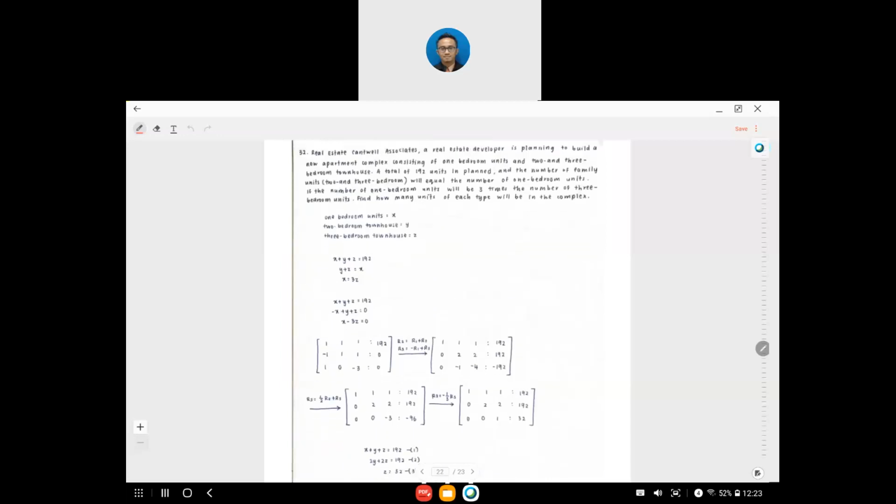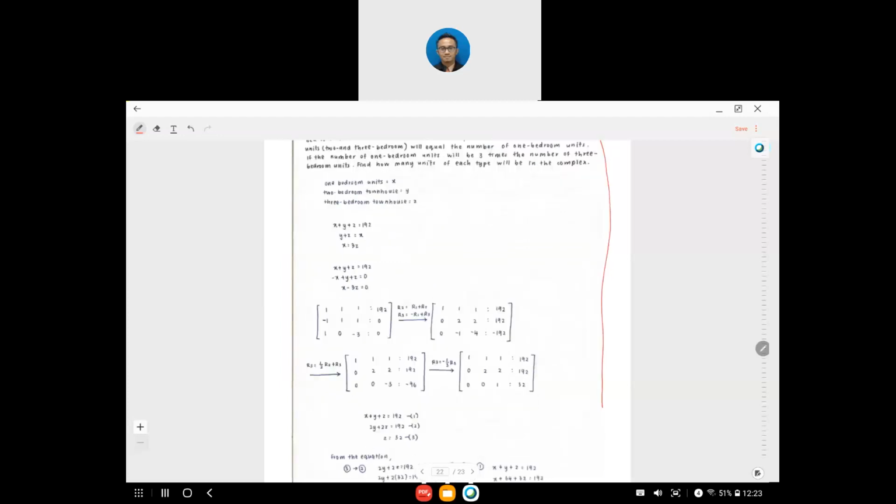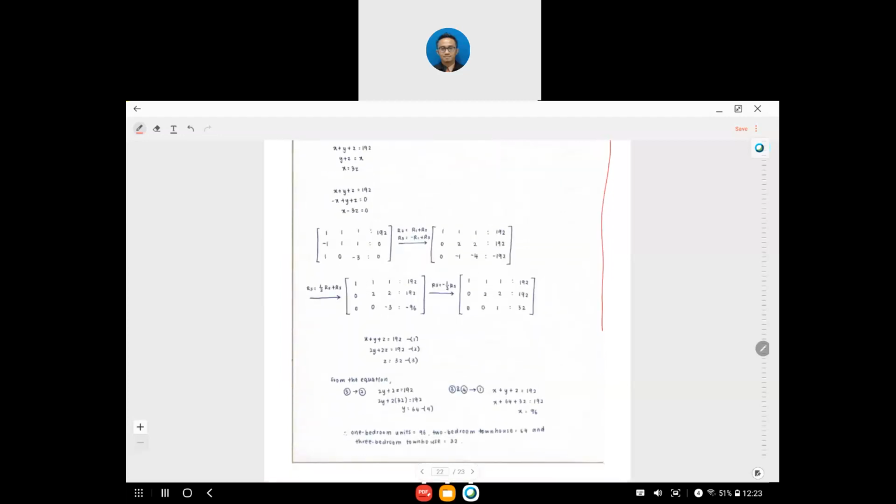Wow. 32. Yang ni tak ada bingkai sebelah ni. Saya tolong buat lah. Okay. 1, 1, 1, 192, negative 1, 1, 1, 0. Okay, so this one you want to change 0 for these two row. So you can get this matrix.